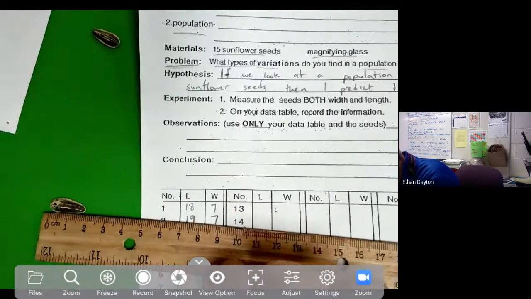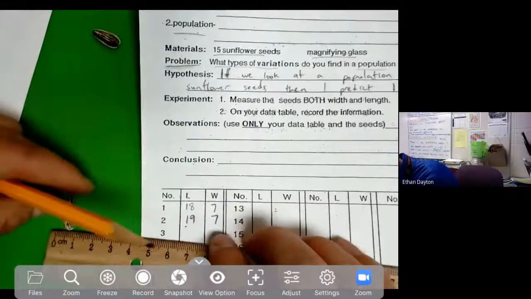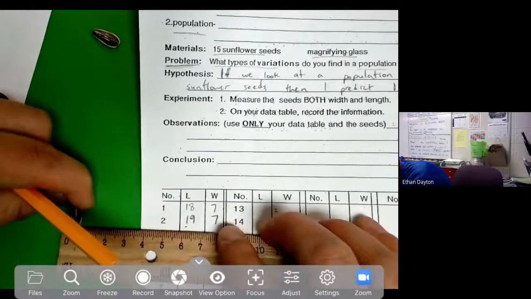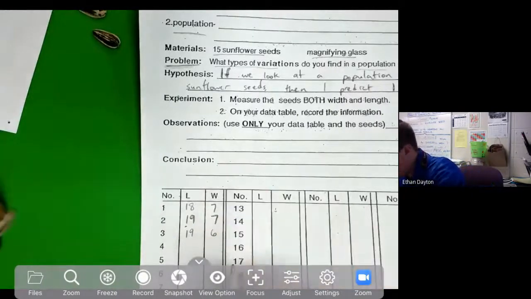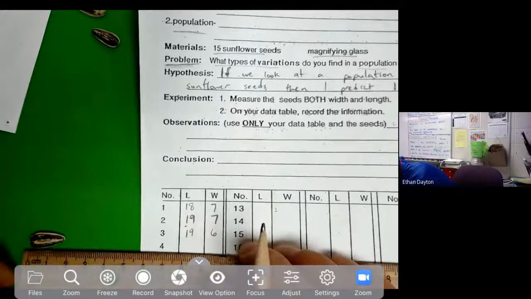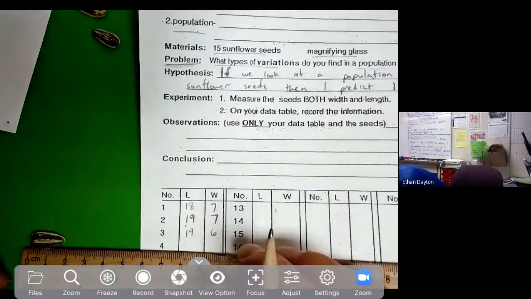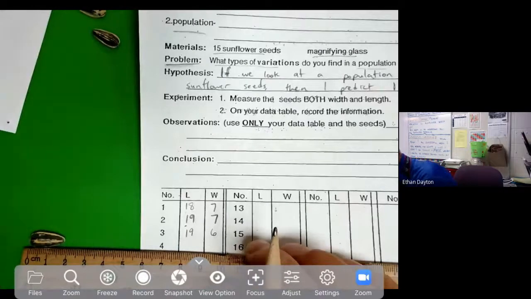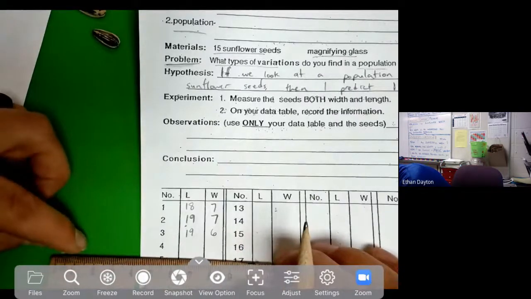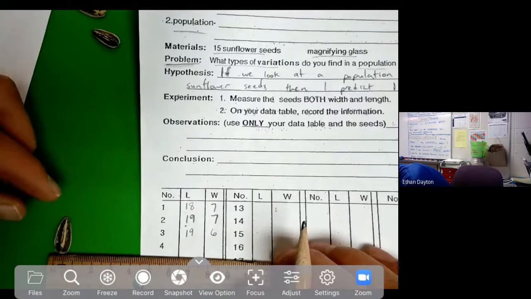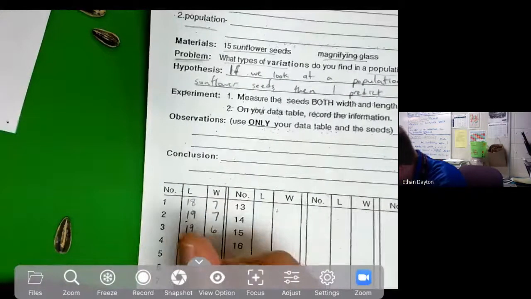Notice the difference in the patterns on the seeds too. This one is 19 long and 6 wide. This one, about 18, and 7.